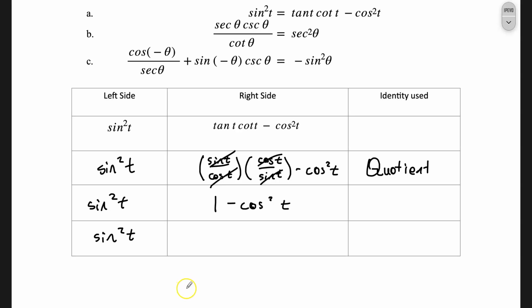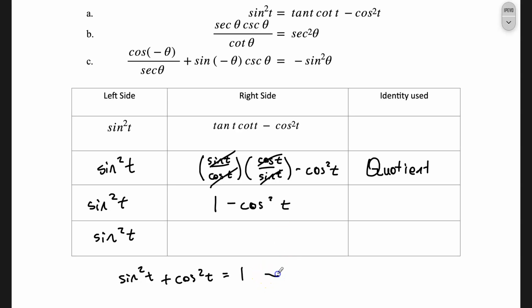What we want to do is compare that to our Pythagorean identity, sine squared plus cosine squared is equal to 1. So we're looking at Pythagorean identities again, because we have a square and a 1. If you see both of those together, you should probably look at one of those identities.